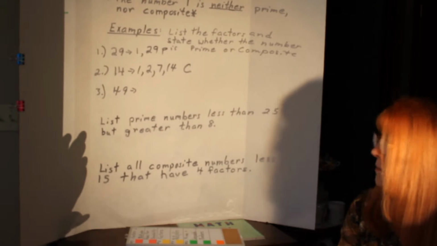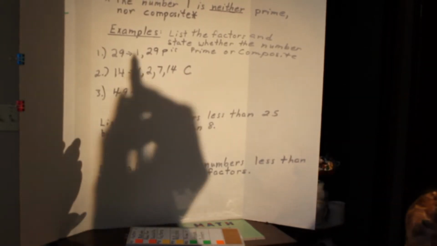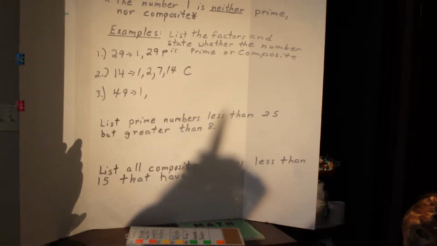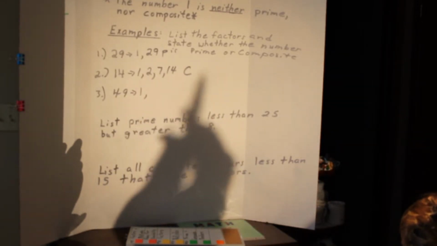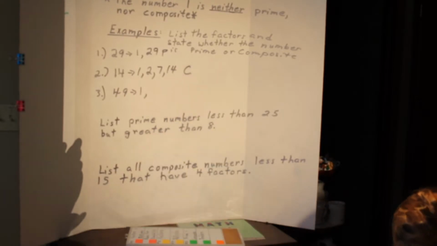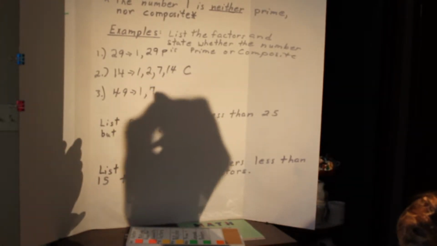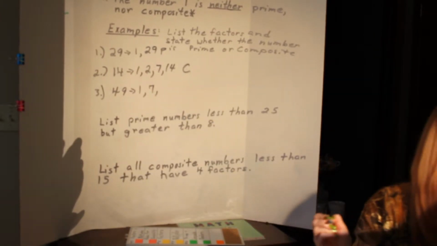49. 1, 2 won't go evenly. 3 won't go evenly. 4 won't go evenly. 5, 6, 7 will go evenly. And what else do we have? Anything else?